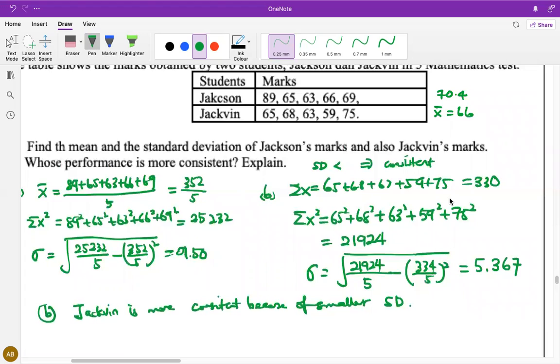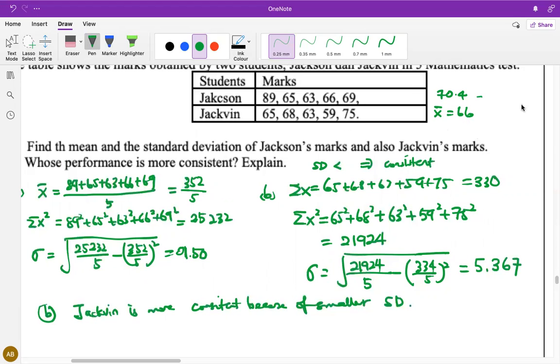But Jackson is a bit erratic. That means he's not so consistent. So you can see here, he can score 80 point something, or 90, and he can score 60 point something, right? But Jack Fin's lowest is 61, and then the highest is 71.